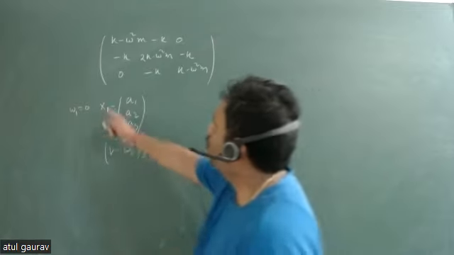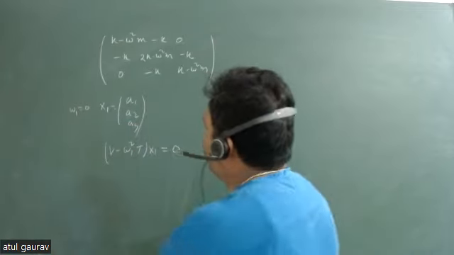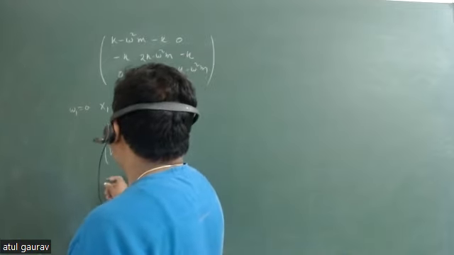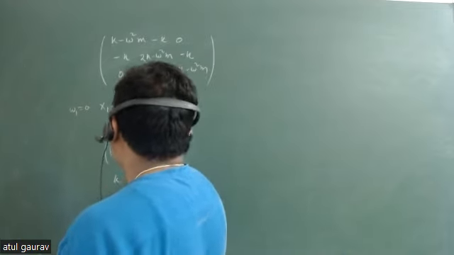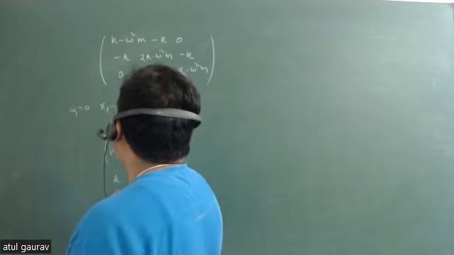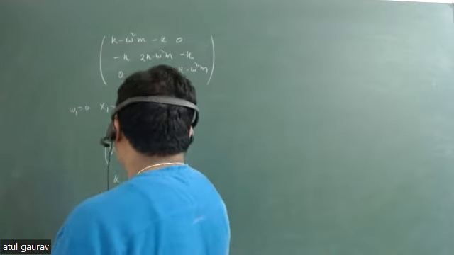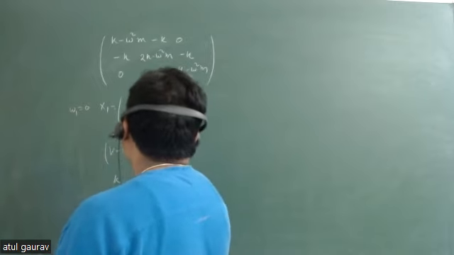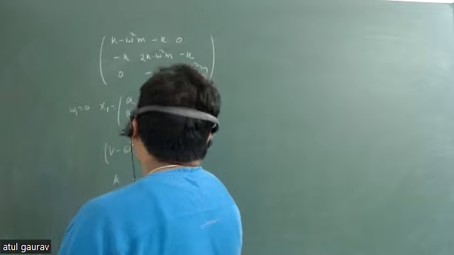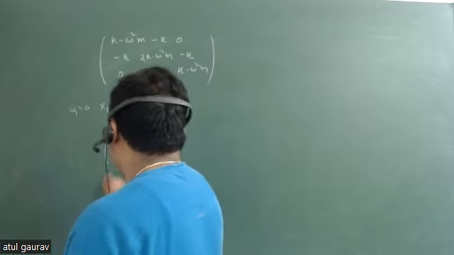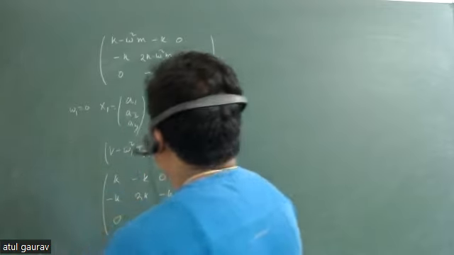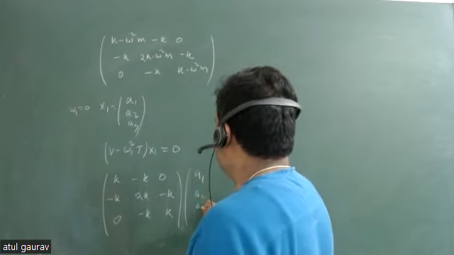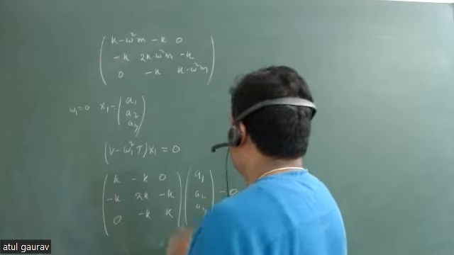Okay. So when you will put omega is equal to 0, then what will be equation? जरा बताइए तो मुझे फटाफट. बताओ क्या होगा? K, minus K, 0; minus K, 2K, minus K; 0, minus K, K. Very good. Now, so here A1, A2, A3, that must be equal to 0.